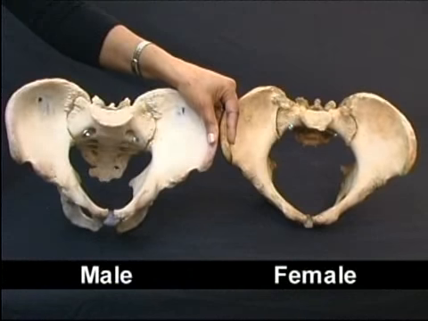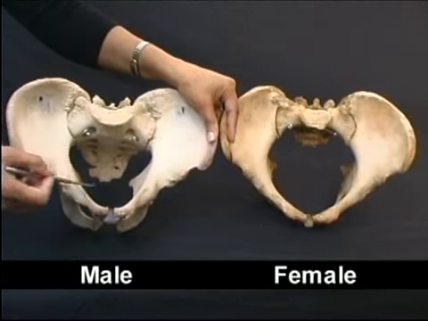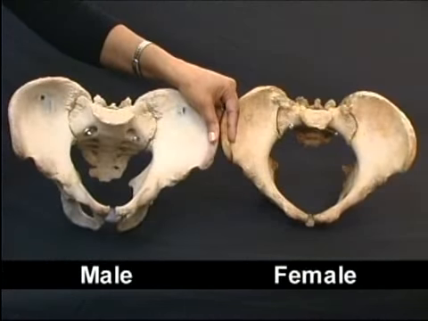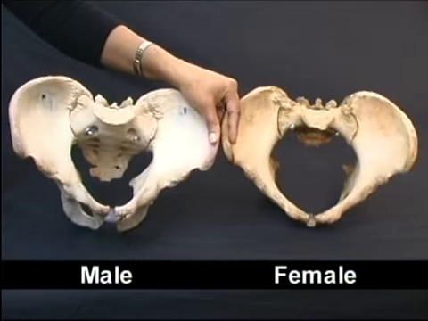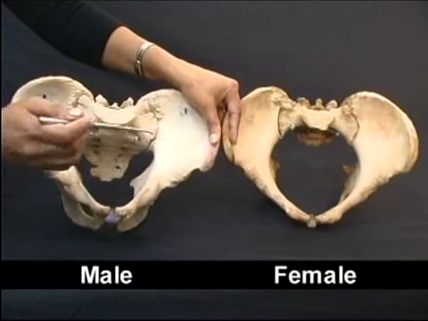Now I have got two pelvises. There is a male pelvis and there is a female pelvis. Let's compare some of the features between male and female pelvis. Female pelvis has a functional aspect. During the vaginal delivery, the baby has to pass through the true pelvic cavity.